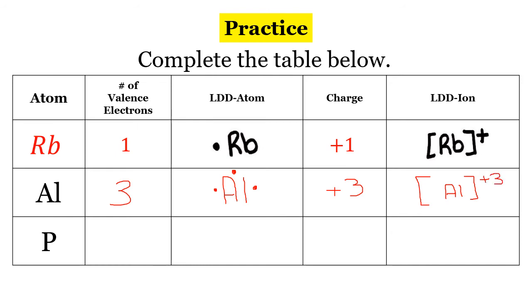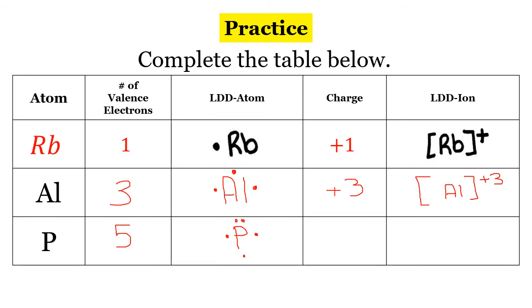All right, phosphorus. Phosphorus is in group 5A, so it has 5 valence electrons. When we go to write the symbol for the atom, it's going to be P, and we are going to have 5 dots. Following our rules, we're going to make sure that each side gets 1 dot before we go back and start to double them up. Phosphorus is in that second rule.